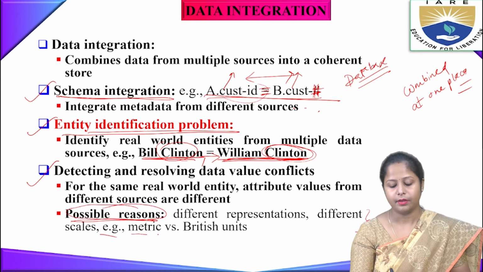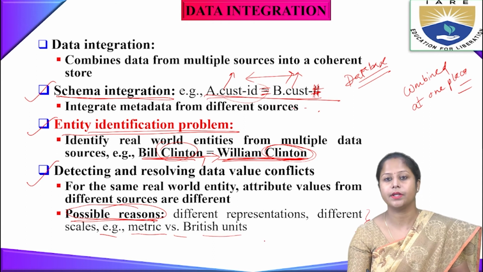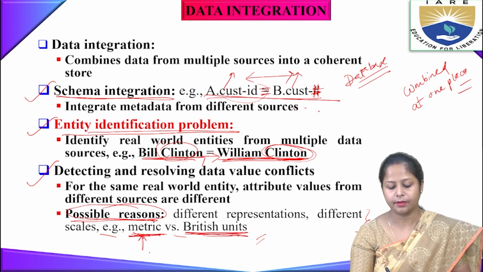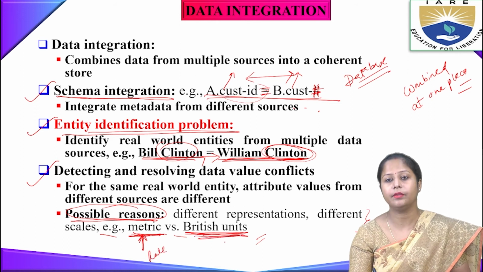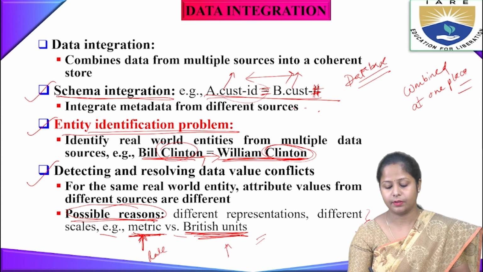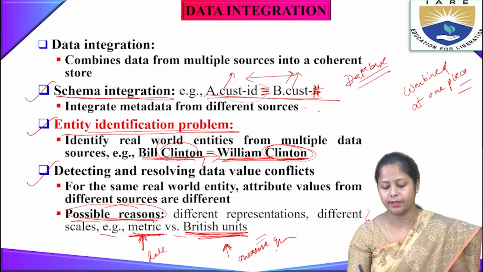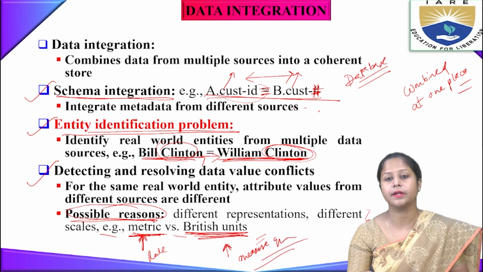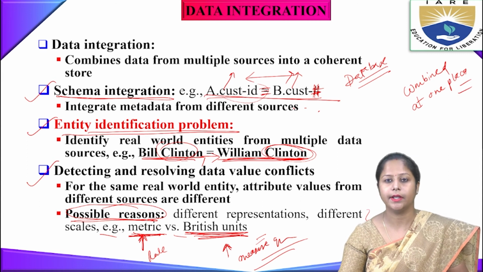For example, metric versus British units. The metric system can be changed, and the British have their own units to measure any type of quantity. So that is a possible reason, and we have to integrate that at one place.